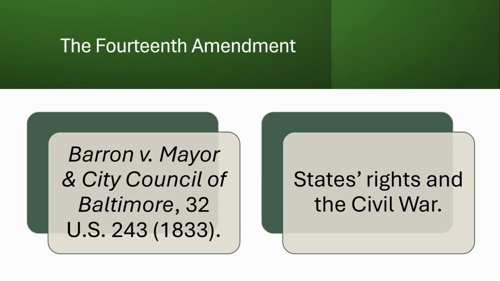Although some members of Congress believed the amendment's Privileges or Immunities Clause would extend the Bill of Rights to the states, the Supreme Court rejected this interpretation in the Slaughterhouse cases of 1873. As a result, individuals seeking protection from state abuses turned to the amendment's Due Process Clause.